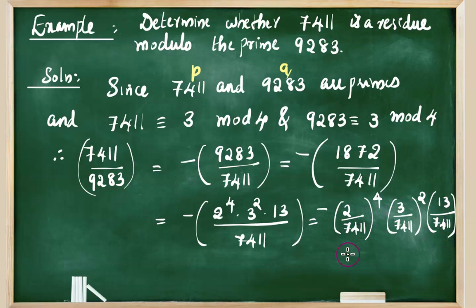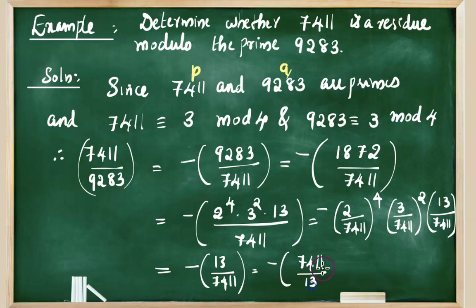And we know that even if this Legendre symbol is equal to plus or minus 1, its fourth power will be equal to plus 1 itself. Similarly, 3 by 7411, if it is either plus 1 or minus 1, its square will be plus 1 always. So, we will be getting the Legendre symbol as minus of 13 by 7411.